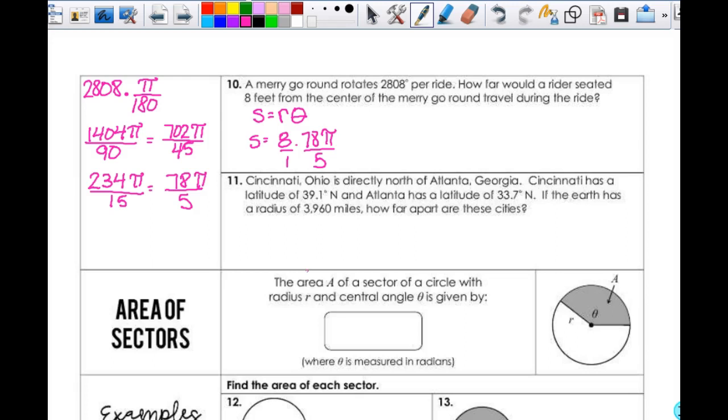I can multiply 8 times 80 and then subtract what? 16. What's 8 times 80? 640. And then I would have to subtract 16, right? You may or may not need to jot that down, but I jot that down, and that means in the numerator I get 624 pi over 5 feet.